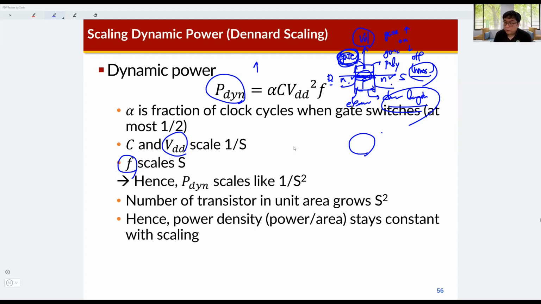So let us assume that we can reduce this channel length as 1 over S. So this S is called the scaling factor. What we are learning today is a little bit tricky for some students, like some computer science students.